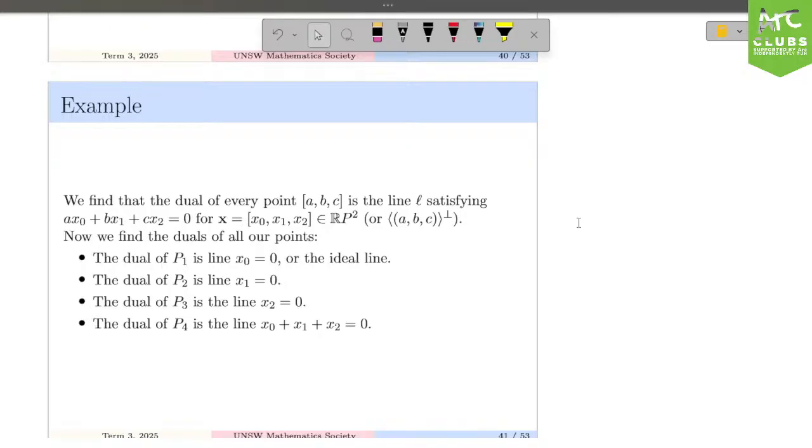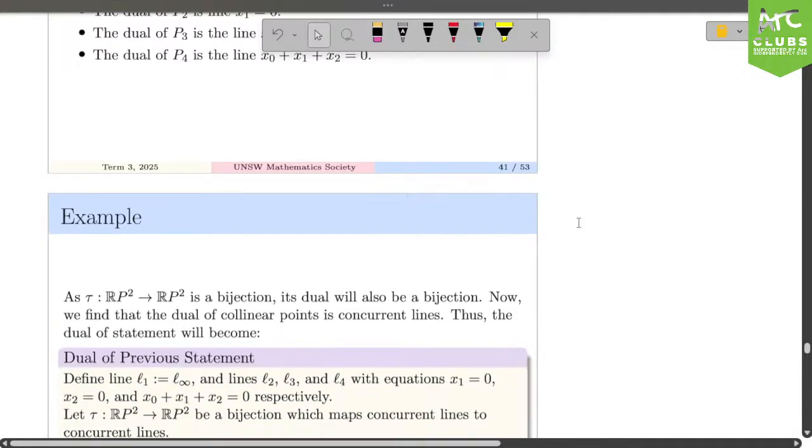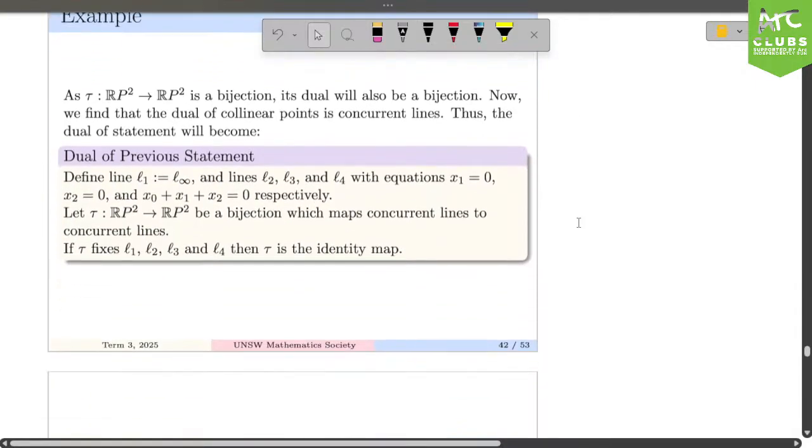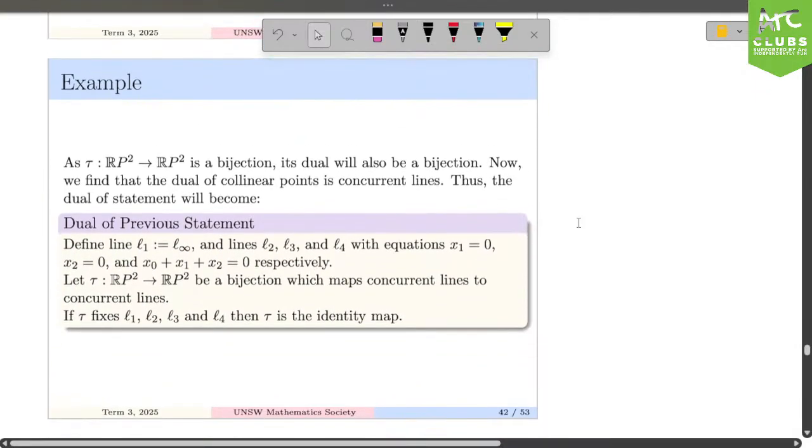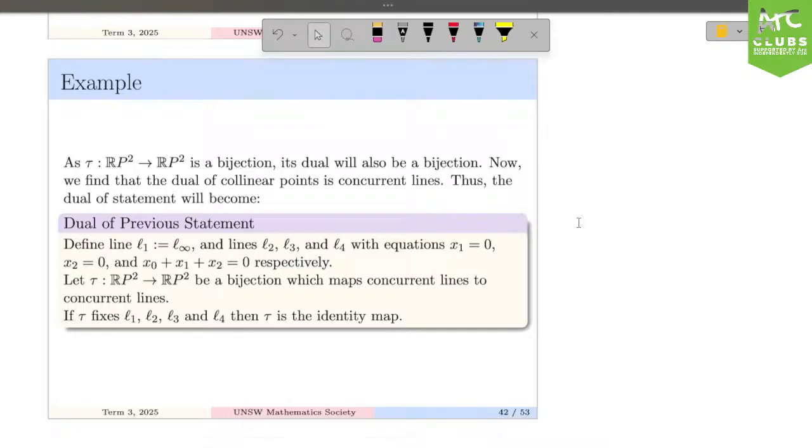And we are claiming that if we have some bijection that preserves concurrent lines, that fixes all of these lines, it must be the identity. And so we obtain that as the dual of the previous statement.